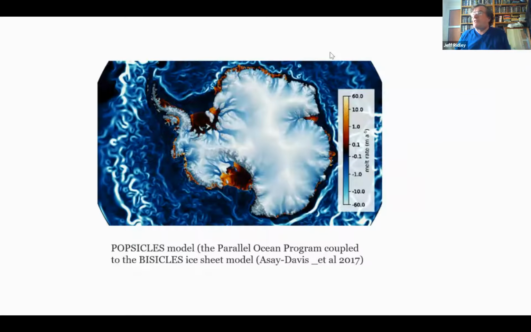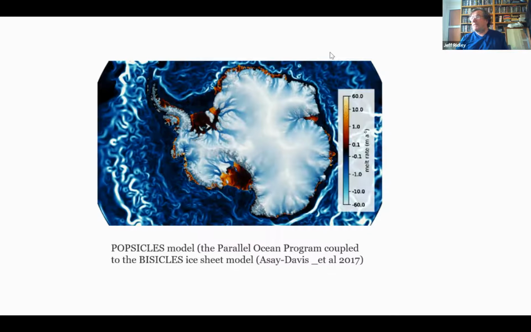But this problem in the Ross ice shelf isn't just a matter for our model. Actually, this shows the PISCES model, and the warm color indicates high melt rate.